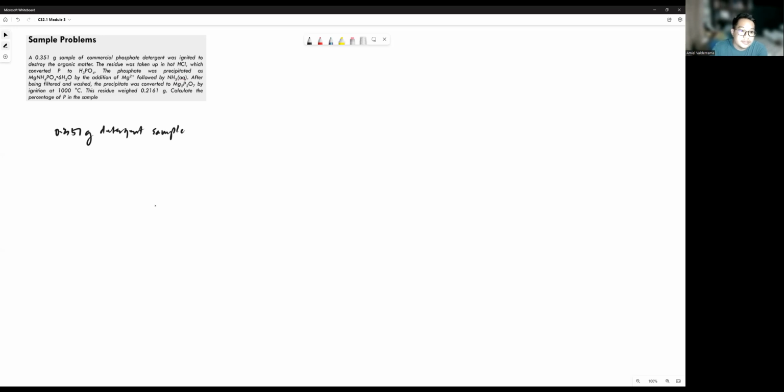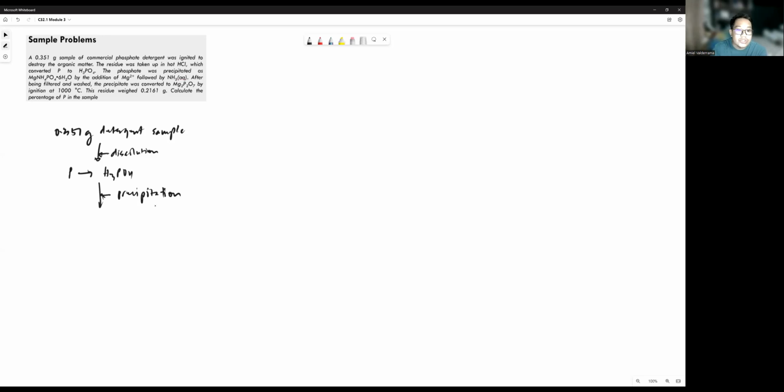Okay? Dissolution part using your HCl so that your phosphorus will be converted to H3PO4. Okay? After which, the phosphate will be precipitated as magnesium ammonium phosphate hexahydrate. And this is via precipitation. Okay?